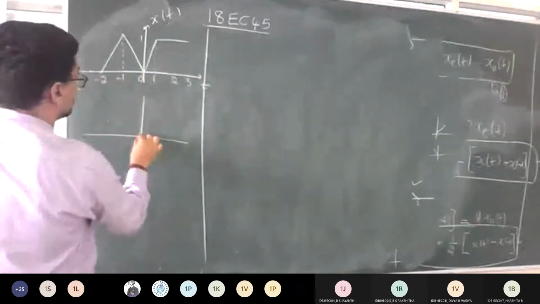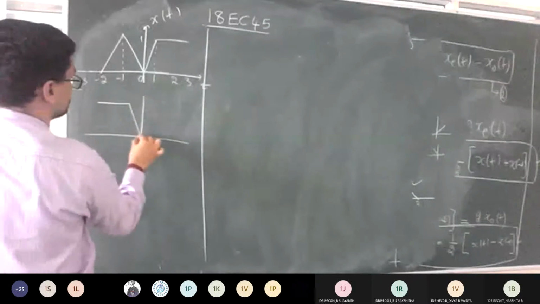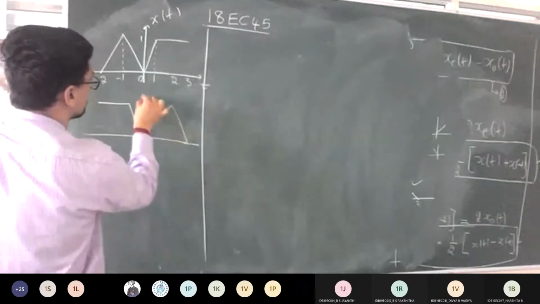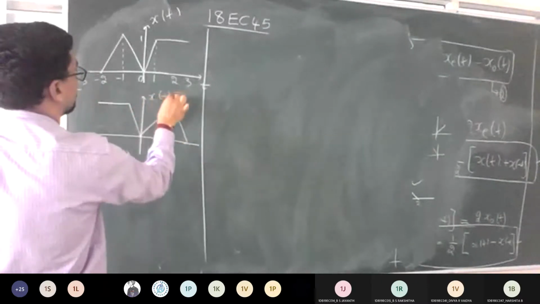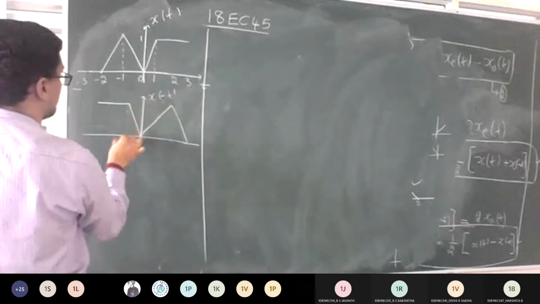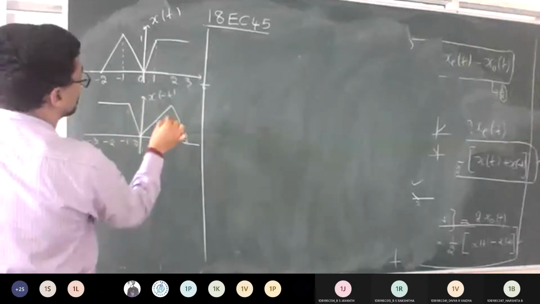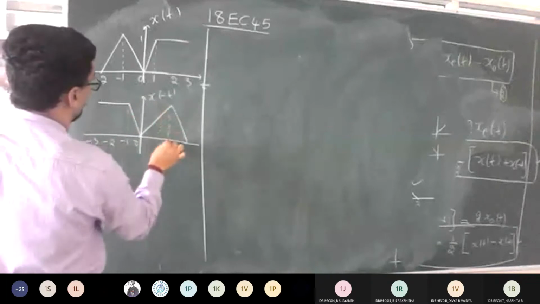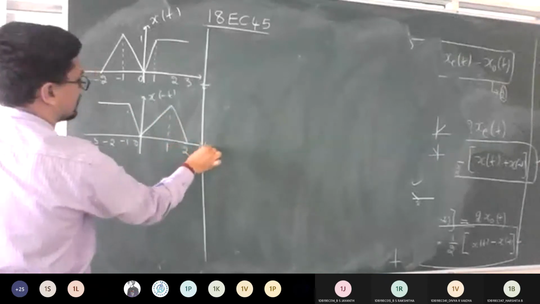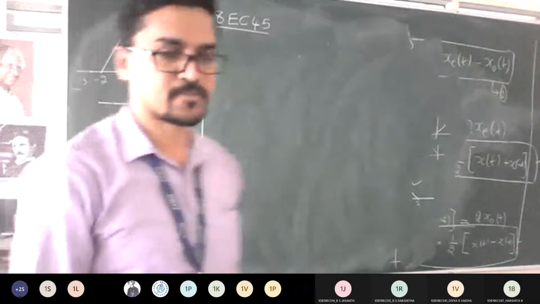So the signal looks like this now. This is a mirror image, x of minus t. So this amplitude becomes -1, -2, -3, and this is 0, and this is 1 and 2. So this is how it looks.